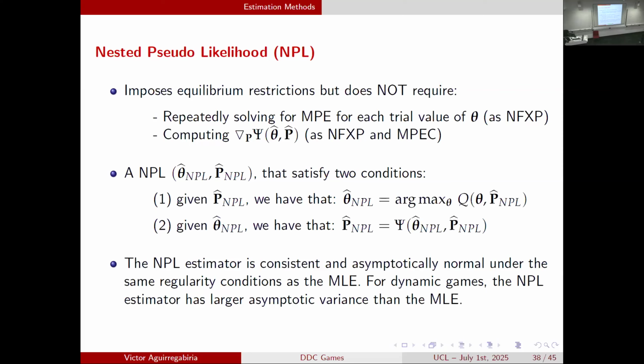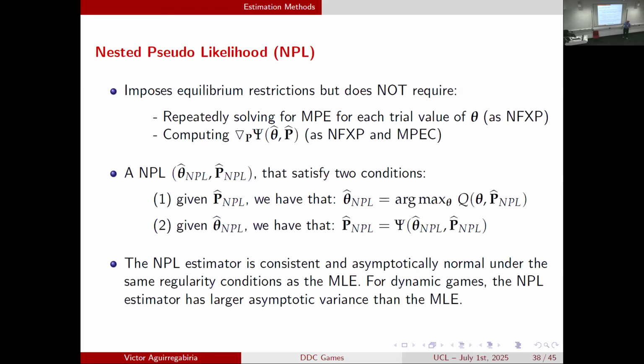The idea is the following. Let's suppose that we define an NPL estimator as a pair of structural parameters and choice probabilities that satisfies two conditions. The first condition is that given P, theta maximizes this pseudo likelihood function.